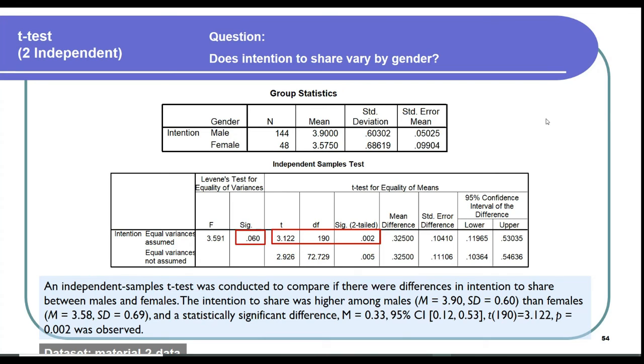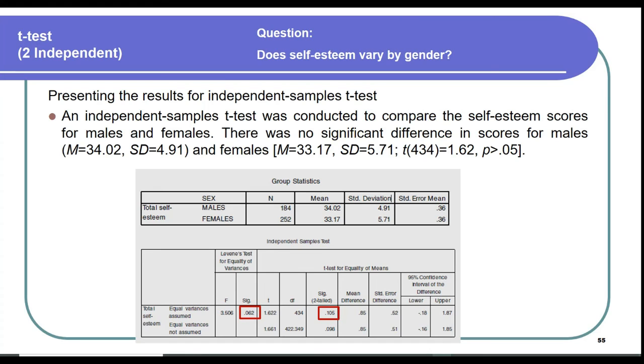You should get the same results, the same output. Try to run this test using your material dataset. This is just an example of a non-significant result. I just want to show you how to report.